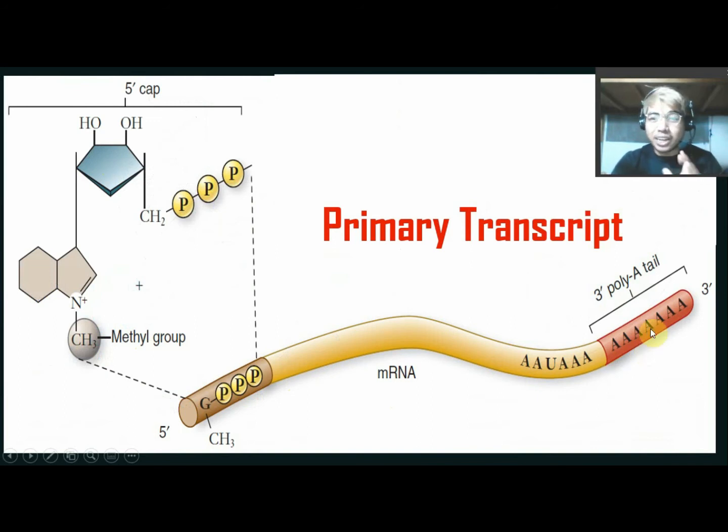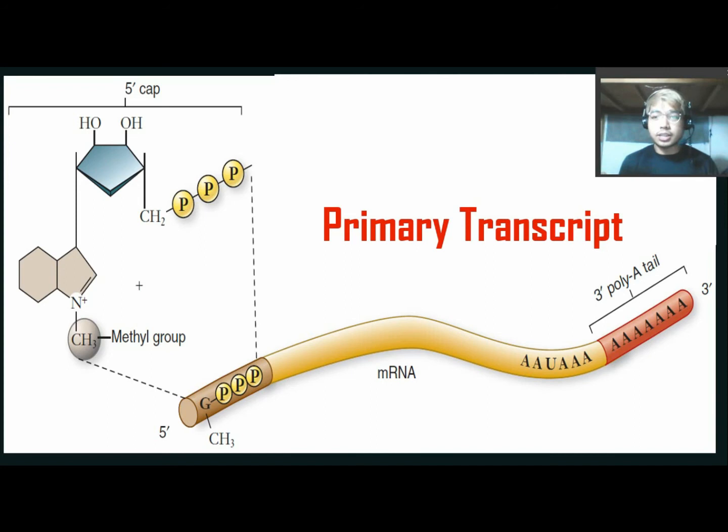From the name itself, poly A tail, there is now a lot of A's, or adenine, on the 3' end of that transcript. While on the 5' end, there is the cap known as guanosine triphosphate. Okay? Guanosine triphosphate would be on the 5' cap, while the poly A tail would be present on the 3' end of the primary transcript.